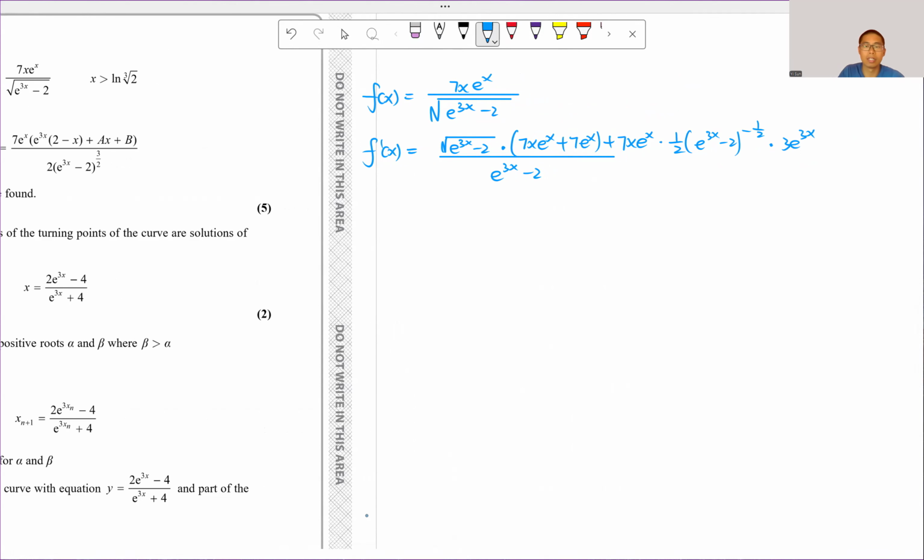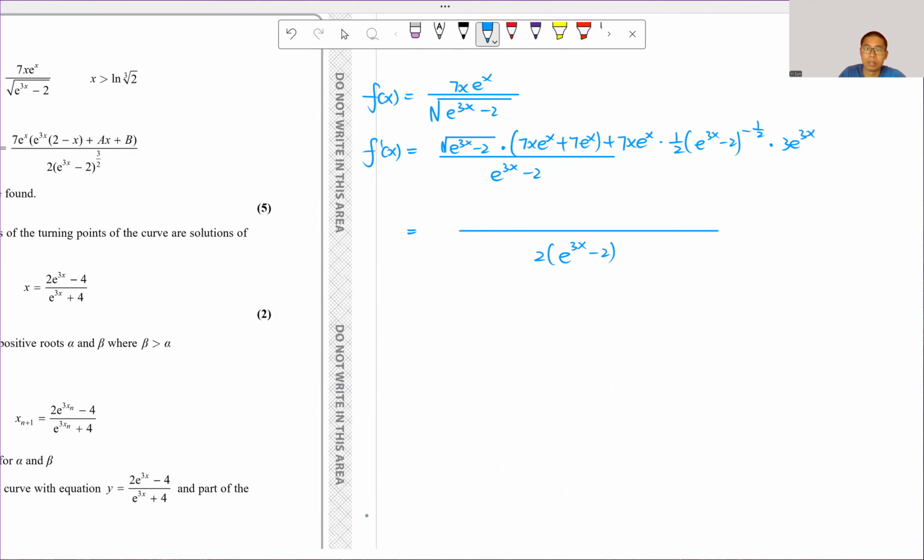Now we just have to simplify. First, we can multiply by 2 for both top and bottom. Then the denominator will have 2 times e to the power 3x minus 2.